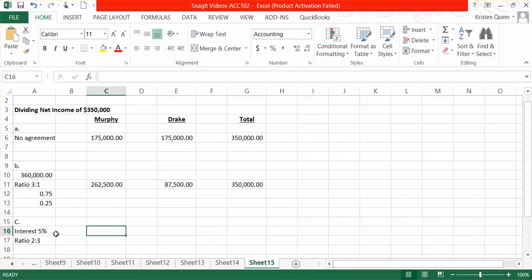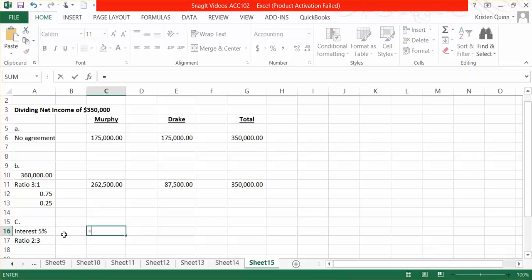When we have a list of items that is listed in the partnership agreement, we have to follow all the steps that are given in the order that they're given. So first, we have an interest of 5% on each partner's original capital investment.